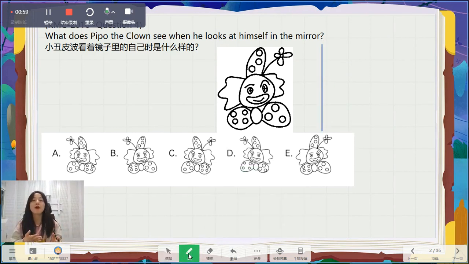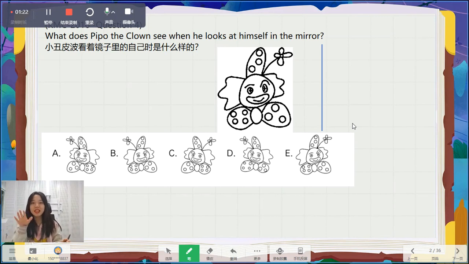So every part of the clown in the mirror, or its mirror image, must be as close to the part of this clown itself. And the second feature for mirror image is about the right and left direction.